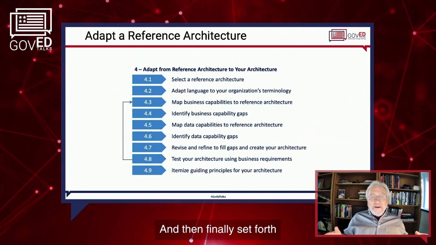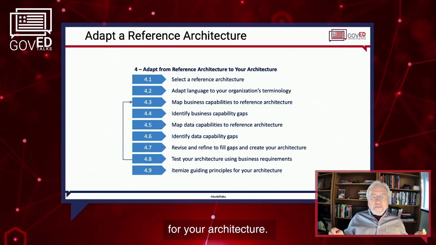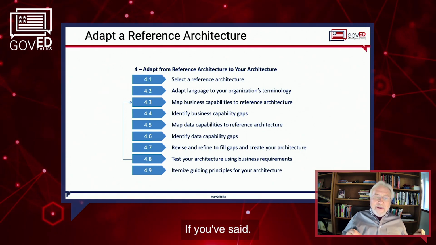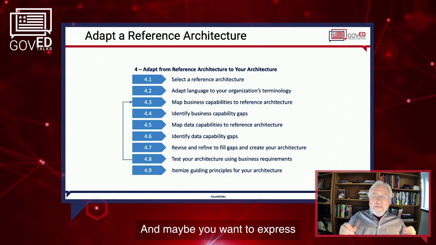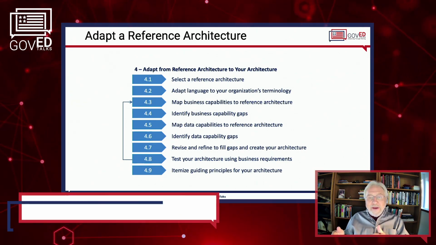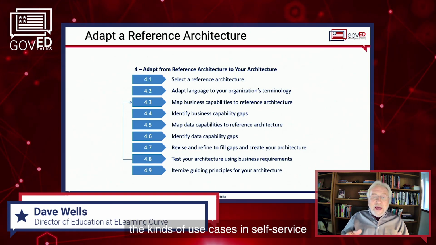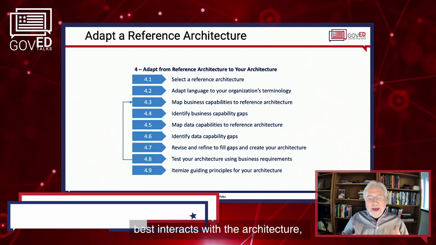And then finally, set forth some guiding principles for your architecture. If you've said support all data use cases, then maybe you want to express for those who do self-service analytics the kinds of use cases in self-service that are supported and how each one of them best interacts with the architecture.